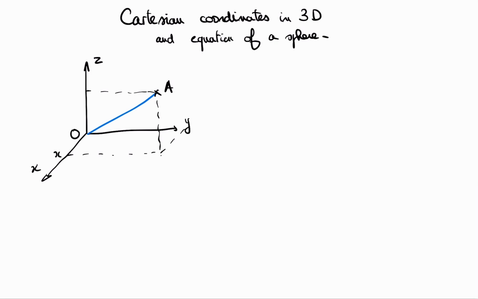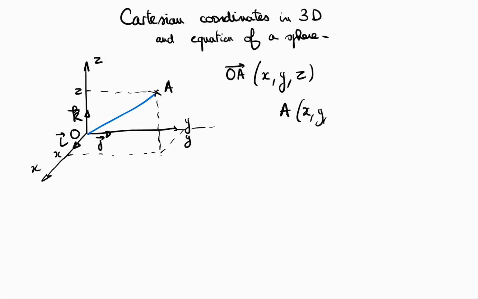So the coordinates are x, y, and z. So what can we say? We say that the vector OA has Cartesian coordinates x, y, z. And so it means that OA is x i, y j, and z k, or also that the point A has Cartesian coordinates x, y, z.